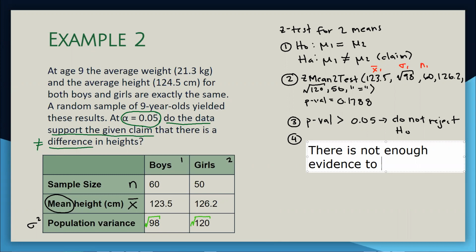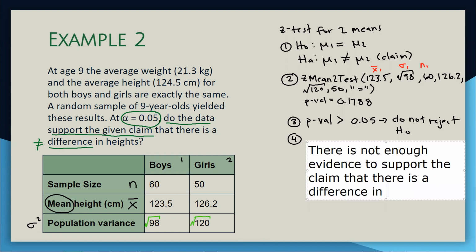So we're talking about support. There is not enough evidence to support the claim that, and then we look at the claim and it says, do the data support the given claim that there is a difference in the mean heights for 9-year-old girls and boys.